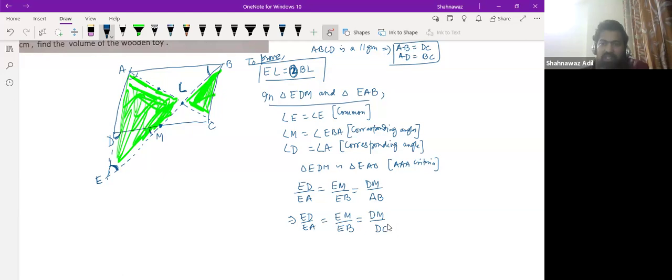And what is this thing? M is the midpoint. That is also given. So DM is half of DC, right? Or DM by DC is 1 by 2. I can write DC as 2DM. So then what can I write? ED by EA is equal to DM by AB, that is equal to DM by 2DM.